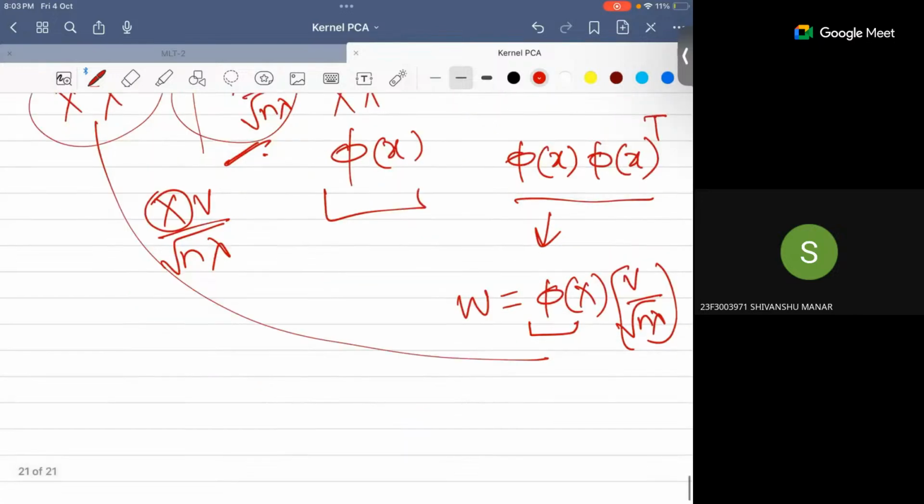Yes, sir. So we want to know the data points in the higher dimension. So we have to apply principal component analysis on the bigger dimension, right? For applying principal component, what do you need? The data on which we have applied phi of x, basically.